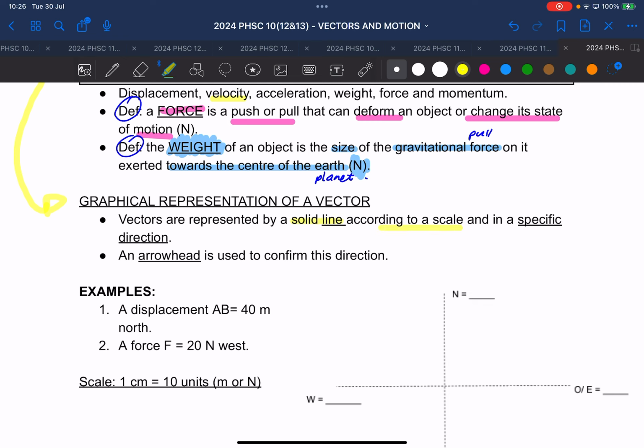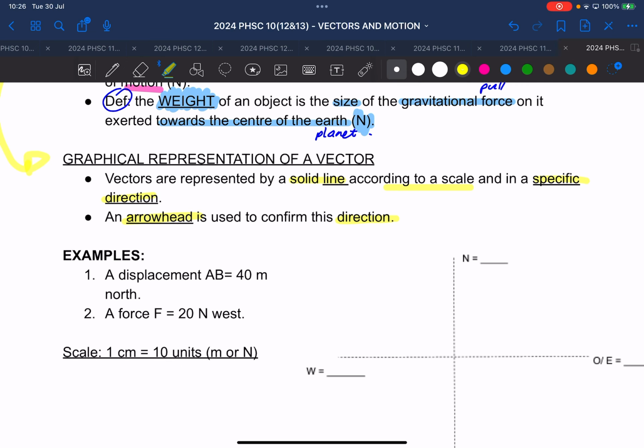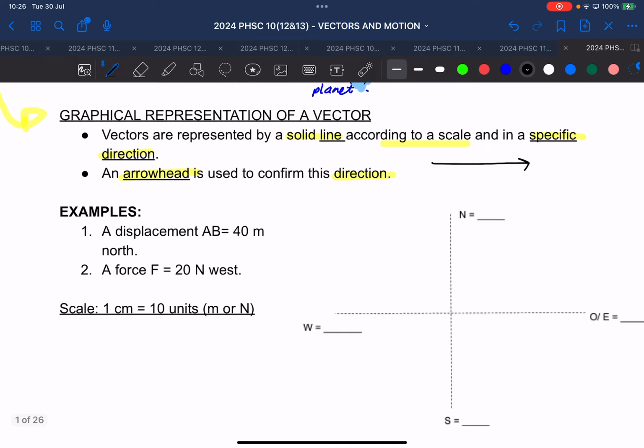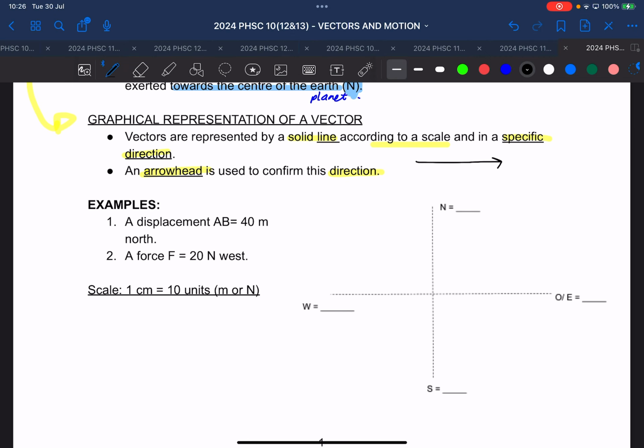So if 10 centimeters represents 10 newtons, for example, it is a scale in a specific direction, and that direction is represented with an arrowhead. So when I have a vector, I show it with a solid line with an arrow at the end, or a line with an arrow like that.